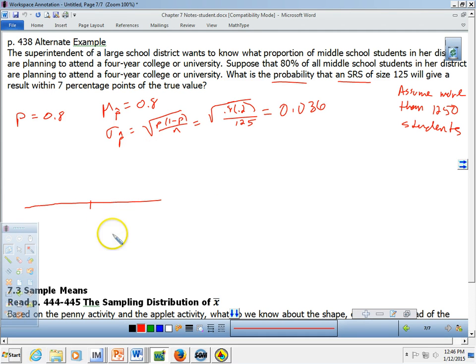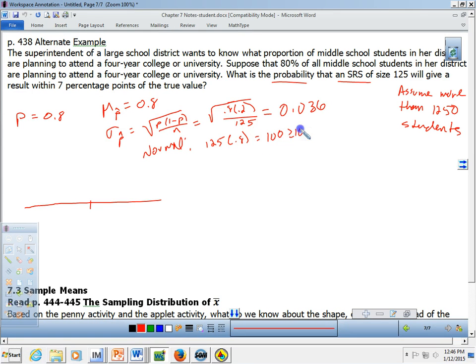Is this going to be a normal distribution? Well, what we have to make sure of is the number of successes. The way we find the number of successes is we take our sample size. How many successes would we expect out of a sample of 125? It would be 125 times the success rate, which is 0.8. 125 times 0.8 gets you 100.